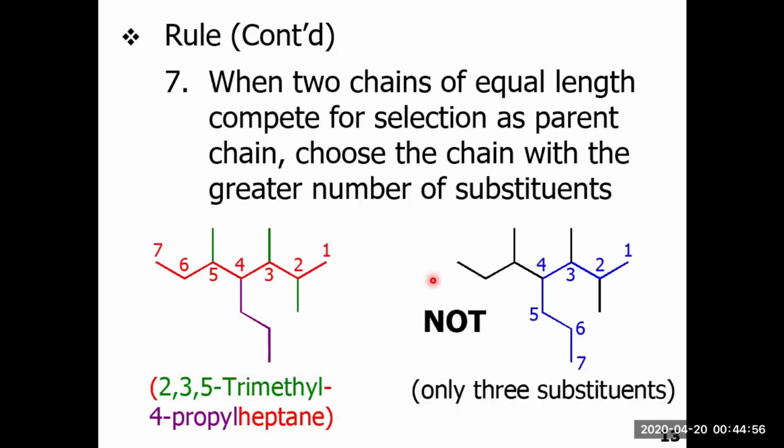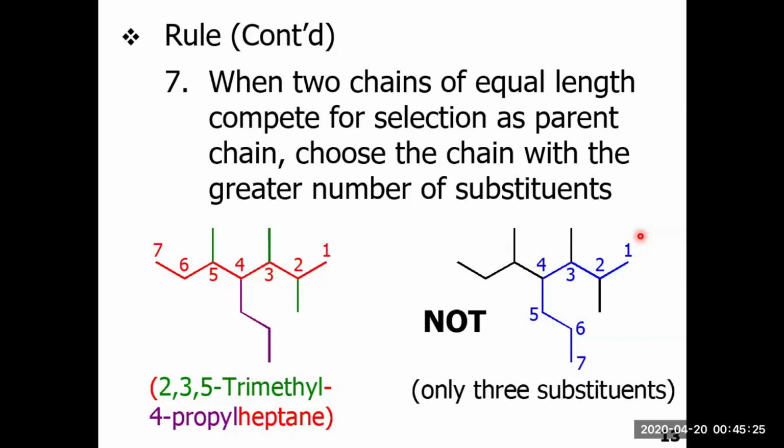So for example, if I have this, let's say 1, 2, 3, 4, 5, 6, 7 versus 1, 2, 3, 4, 5, 6, 7. If you notice this chain, it has 7 carbon atoms. Now, this chain has 7 carbon atoms as well. So these two chains compete for the selection of a parent.